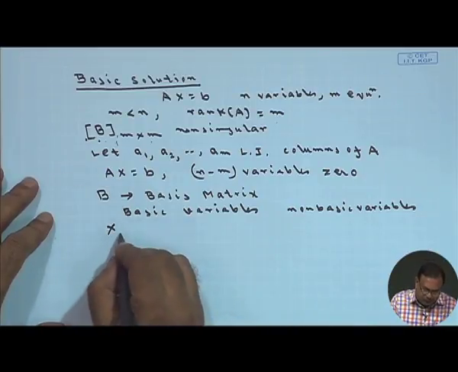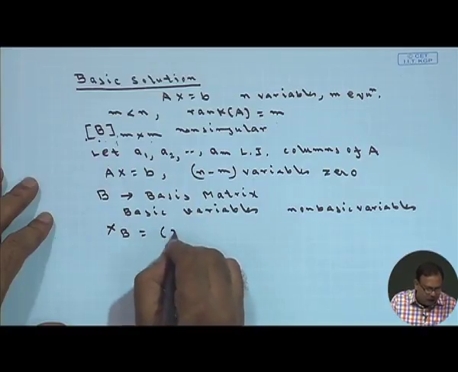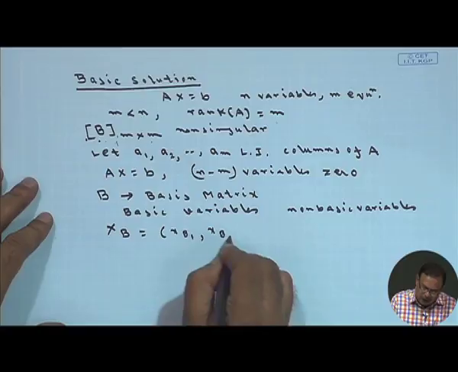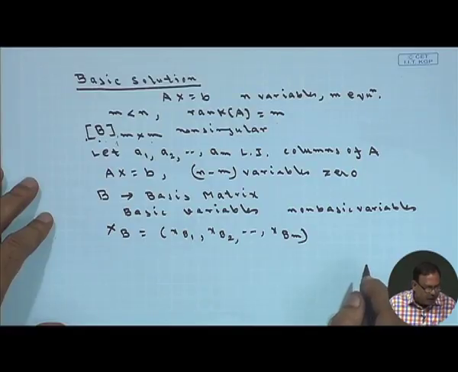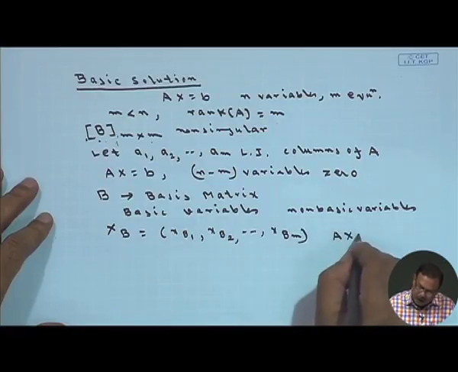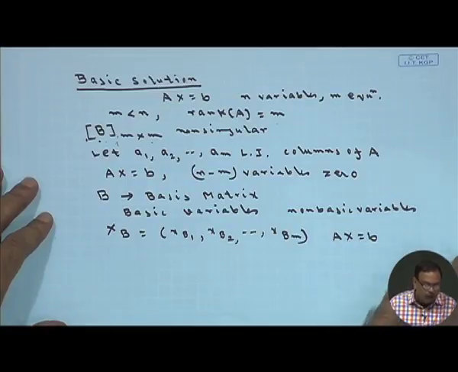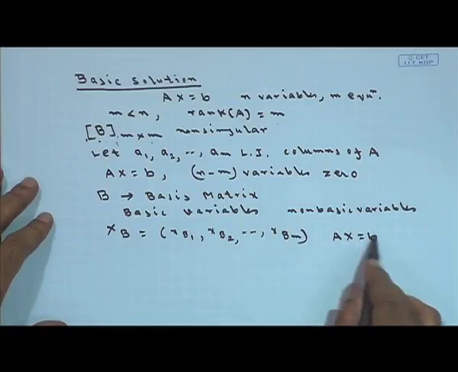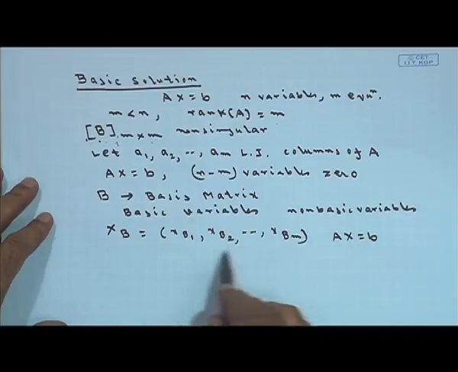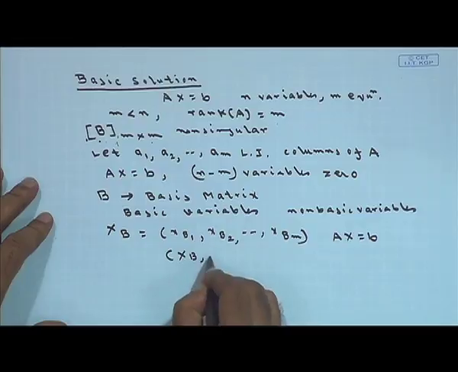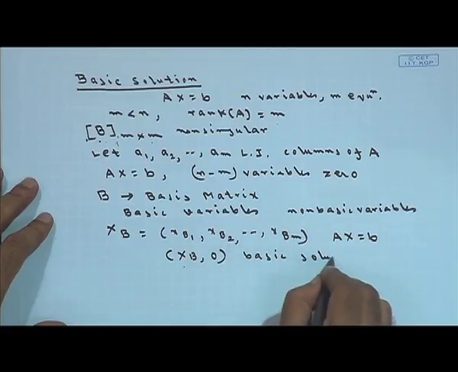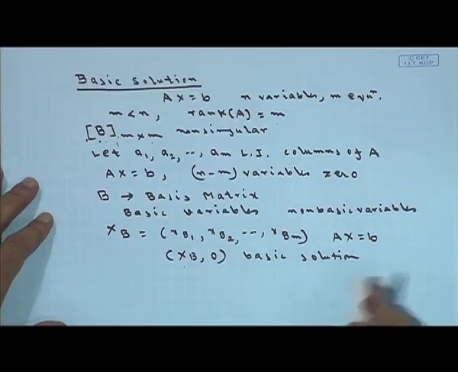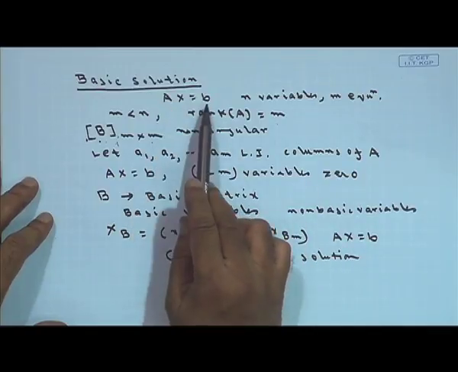So basically xB equals xB1, xB2, up to xBm. These are the basic variables of the system Ax equals b, and the solution obtained is xB comma 0. This xB comma 0 is known as the basic solution of the system of equations Ax equals b.